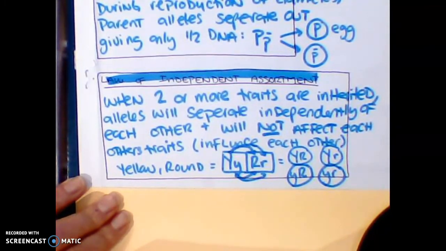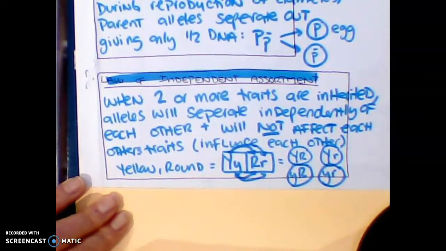And then all of a sudden, instead of having 4 options, you're going to have 16 different possibilities, probabilities of that child having these specific traits every time the parents go to mate.